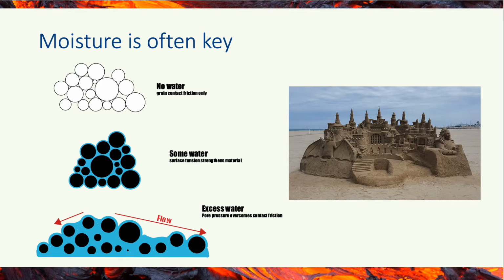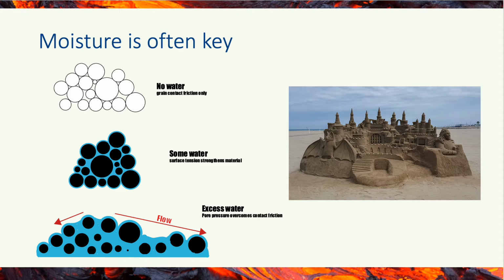If we add just a little bit of water, so that we moisten the edges of those grains, surface tension also takes part. So the water adds strength to the material.